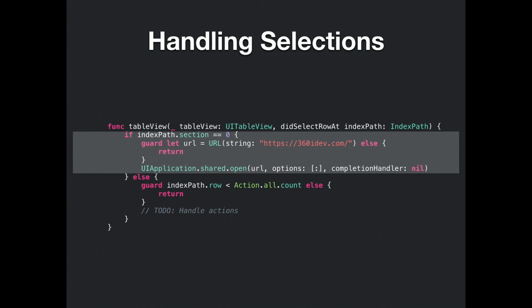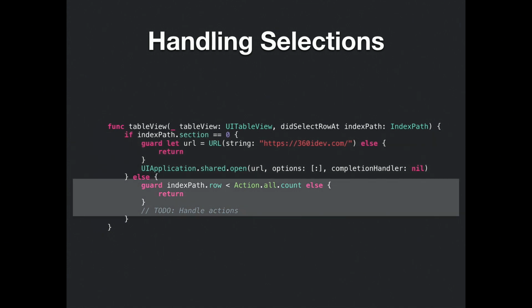All right, so pretty basic table view handling. The first thing is that logo up top. If you click on the logo, it just launches Safari with the 360iDev website. And now we wait. So we've got these actions, we've got a place stubbed out, we'll come back to this after.